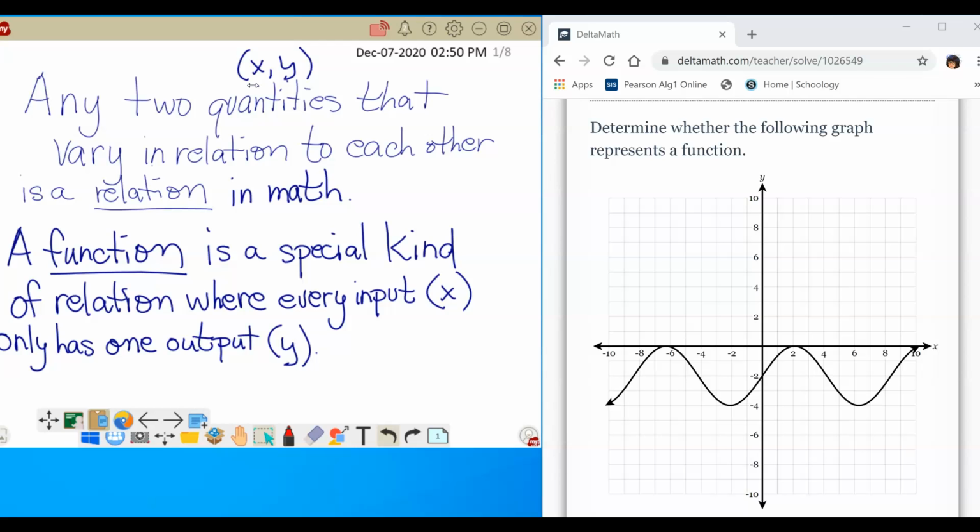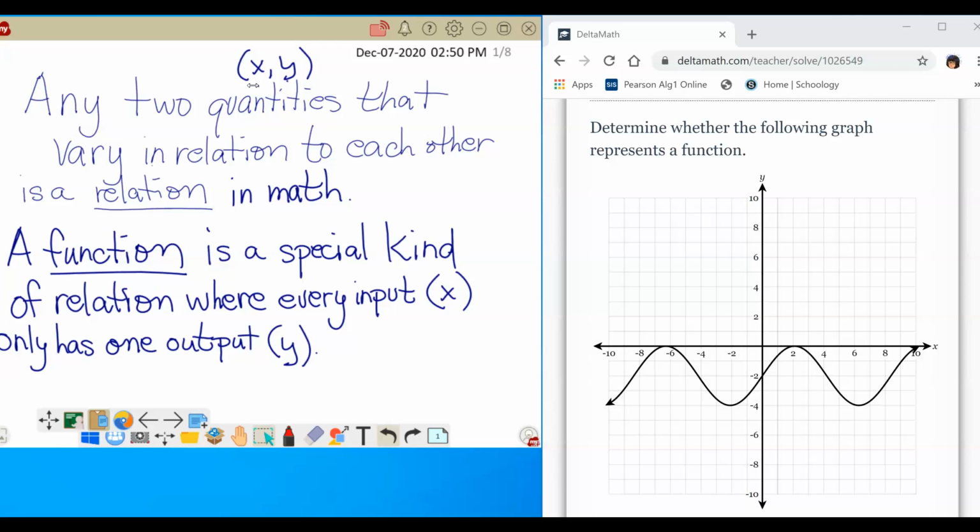Anytime you have that situation in mathematics, it's called a relation. A function is a special kind of relation where every input, every x, has only one output, one y.